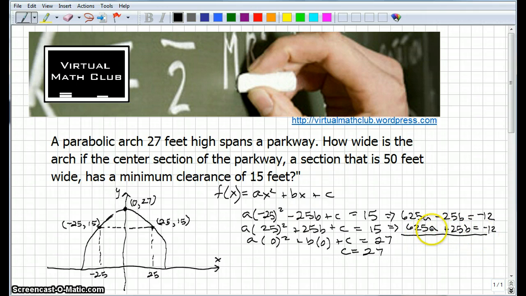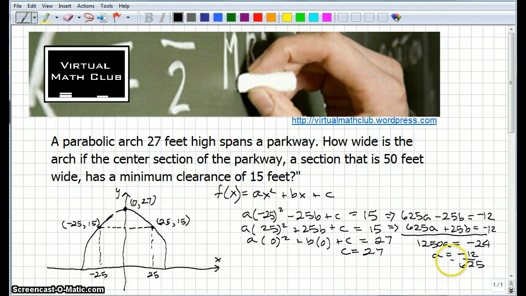It's two equations and two unknowns, and you get a negative 25 and then a positive 25, so if you add these two equations, the b's go away. We get 1250a equal to negative 24, so a is equal to negative 24 over 1250, or basically negative 12 over 625 if we divide both top and bottom by 2. So that's our a. It's kind of an ugly looking a.